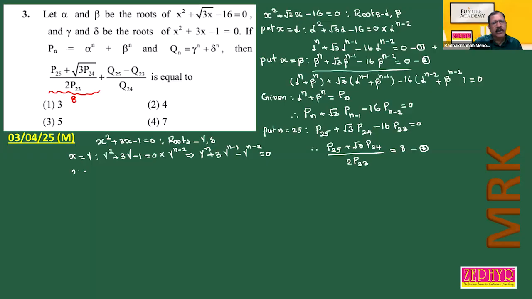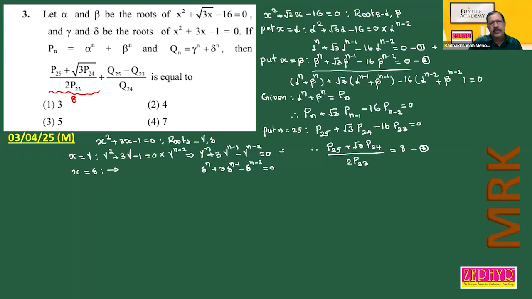Now put x is equal to delta, same way. You will be getting delta raised to n plus 3 into delta raised to n minus 1 minus delta raised to n minus 2 equal to 0.